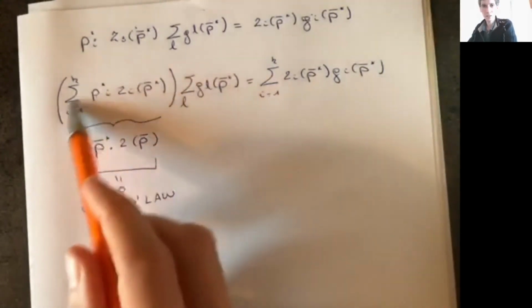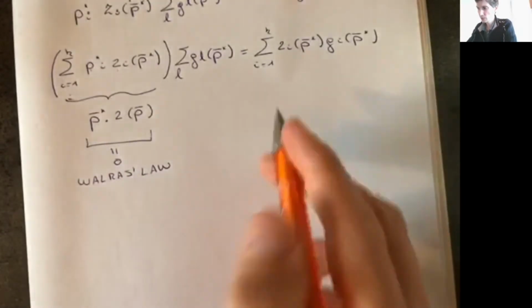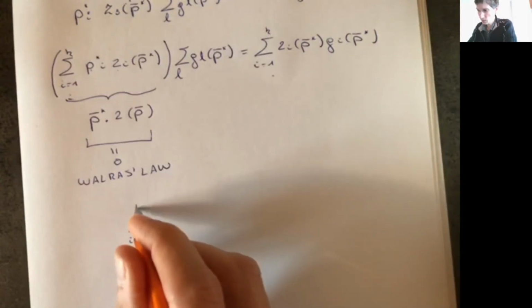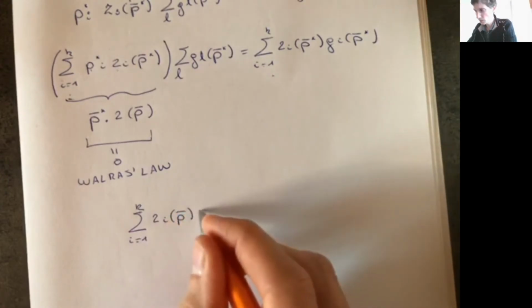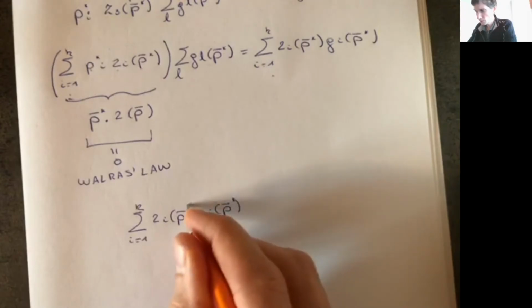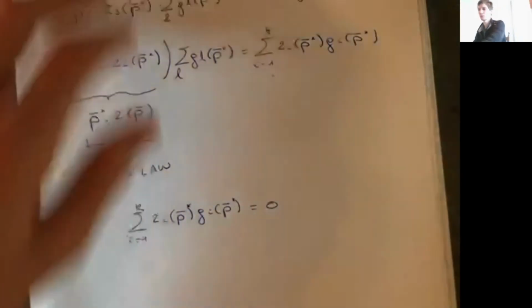So this entire left hand side will be equal to 0, because you have 0 multiplied by something. So if we rewrite this, we have that the sum from i equal 1 to k of z_i(p star) times g_i(p star) will be equal to 0.